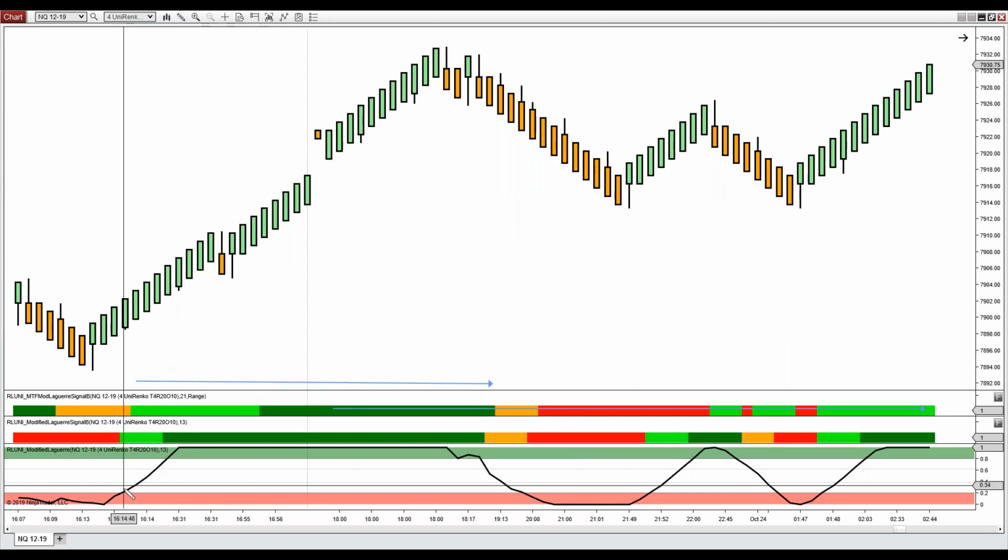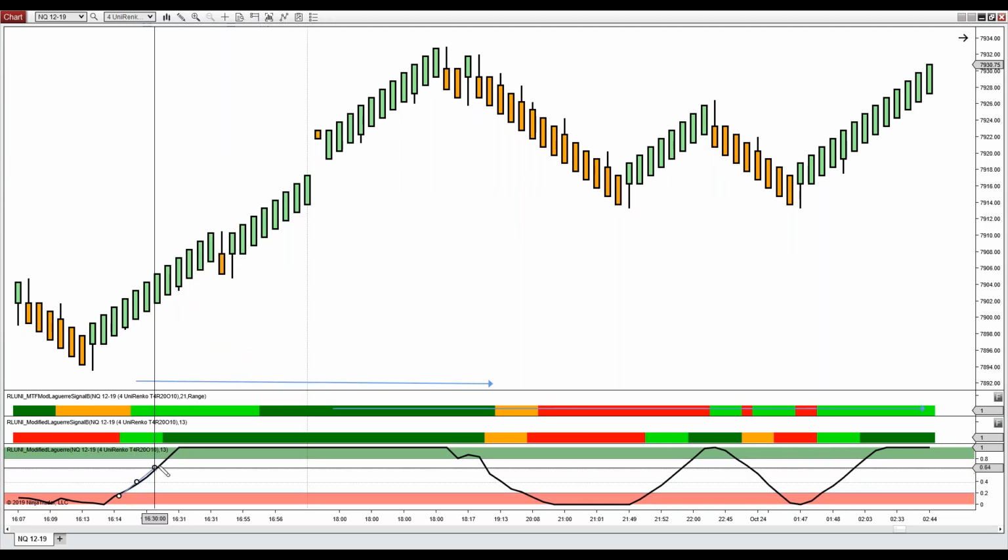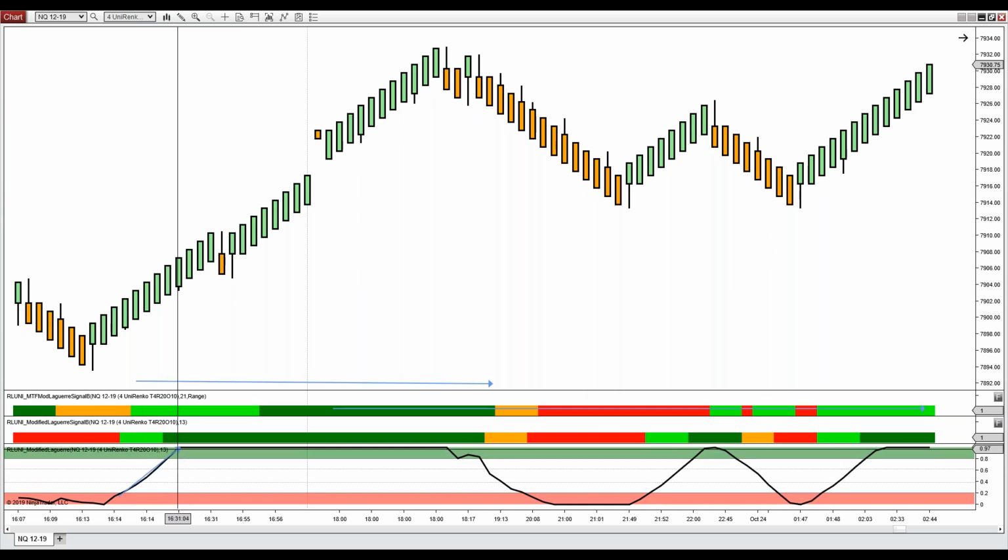So what we look for is for the momentum on our trading chart to start heading up. And you can see that light green means that momentum is rising. When it gets to dark green, it means momentum is locked long. It's stuck on the 100 line or above the 80 line.